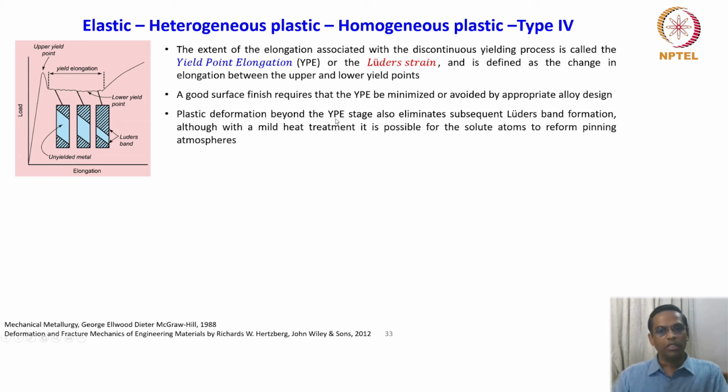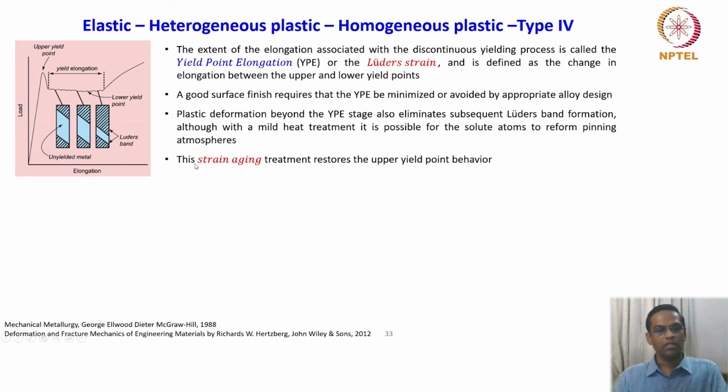Plastic deformation beyond the yield point elongation stage also eliminates subsequent Lüders band formation. Although with a mild heat treatment, it is possible for the solute atoms to reform pinning atmospheres. So you may do the plastic deformation to fix this, but a little bit of heat treatment again will promote the diffusion of these interstitials, and then again they will form the pinning atmospheres, or interact with the dislocations.